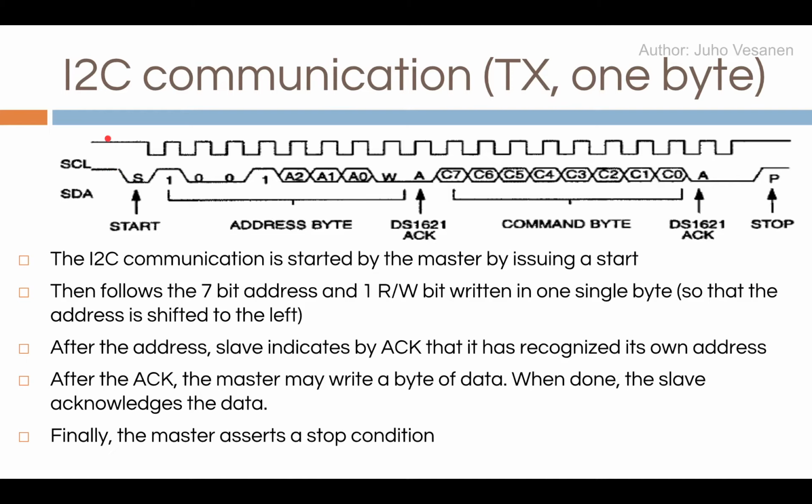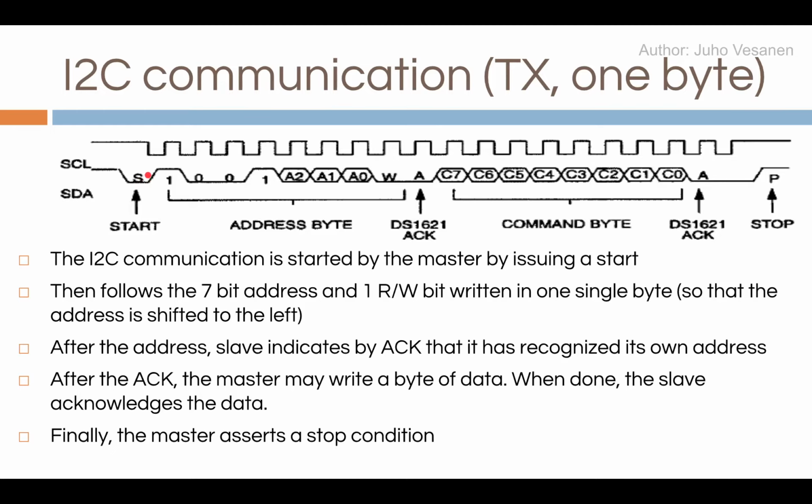When the clock is high and data goes low, that's the start condition. The opposite, meaning that when the clock is high and the data goes from low to high, means stop. Otherwise, the data cannot change when the clock is high. It can change value only when the clock is low, just like here. So that is the start.